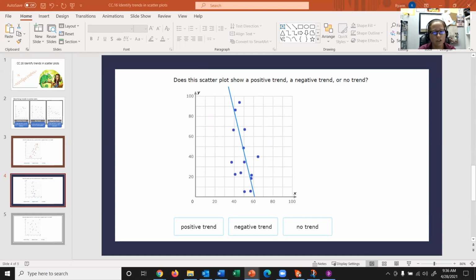Now, looking at that trend line, as we move more to the right, we can see that the X is increasing. However, in this case, looking at the Y, it almost looks like the points start at the top and decrease as we move to the bottom.